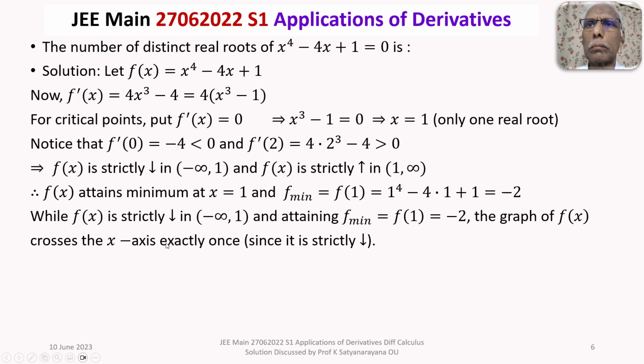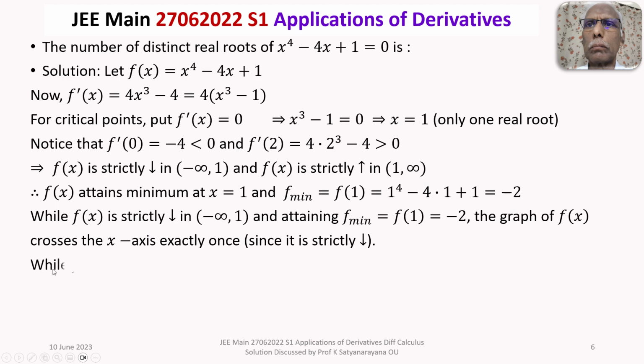Why this word exactly? Because it is strictly decreasing. Therefore, the graph of f of x crosses the x-axis exactly once in minus infinity to 1, because it is strictly decreasing.